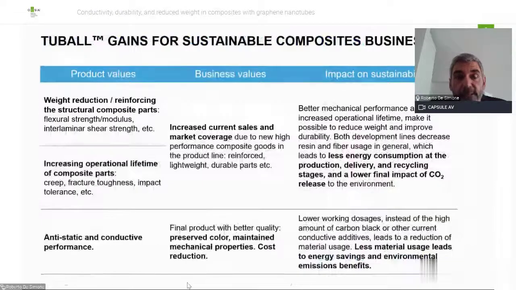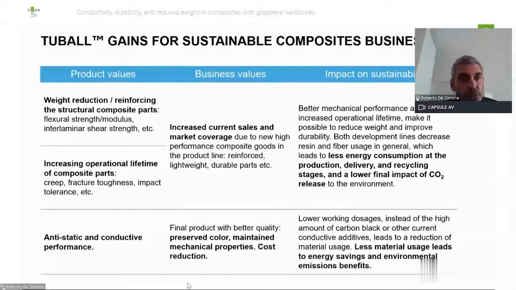I would like a few words about our sustainable approach. Obviously, we talked so far about the main product values, the main benefits you can get using Tubal, and above all, if you focus your attention on the mechanical properties, we are able with Tubal to get a weight reduction and reinforcement of the overall composite part.